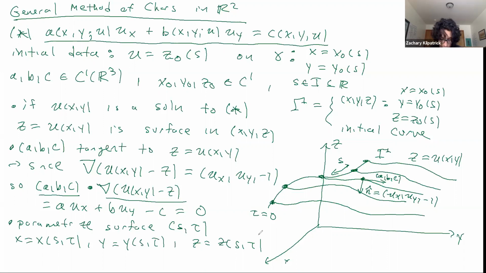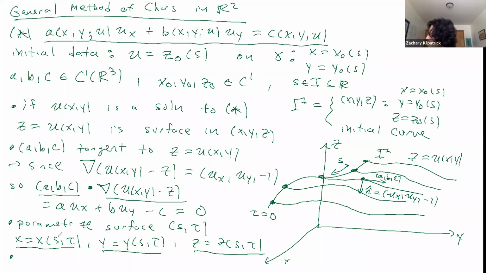We can then write down the ODEs for x, y, and z in this case, and we'll have their initial conditions for any particular value of s.